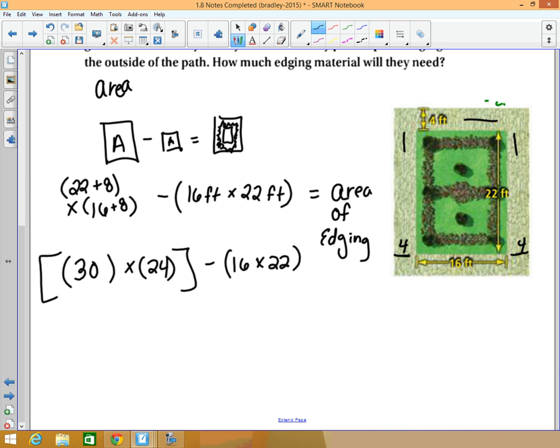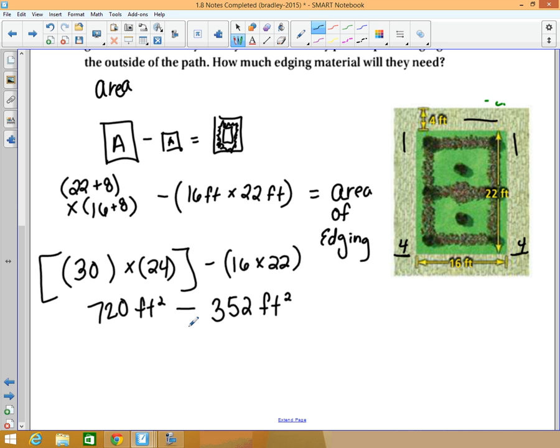And grab my calculator and punch these numbers in. And first I'll have 30 times 24, and that will give me 720. And again, this is going to be feet squared minus 16 times 22, and that will give me 352 feet squared.